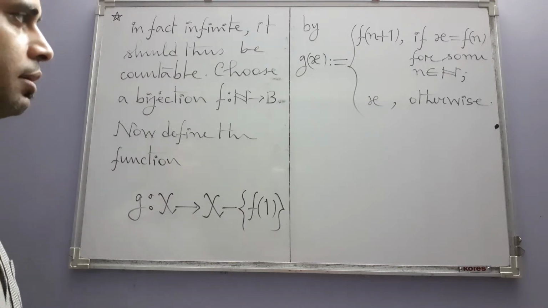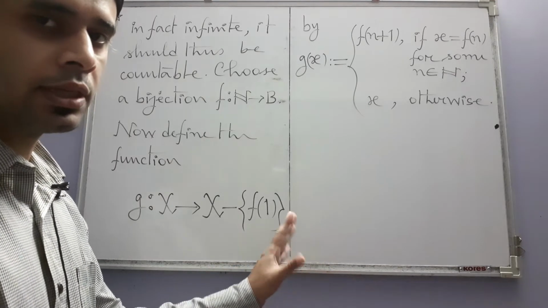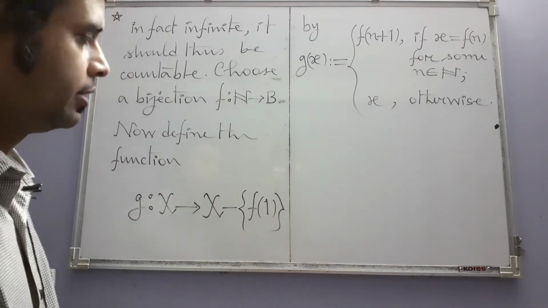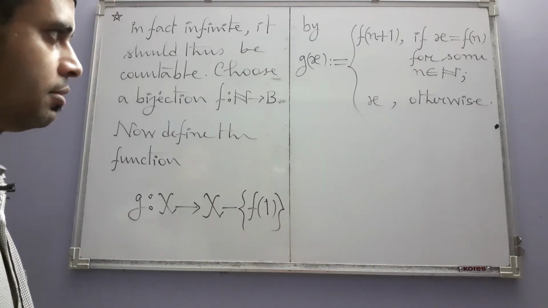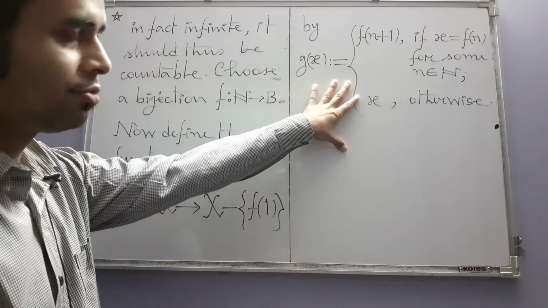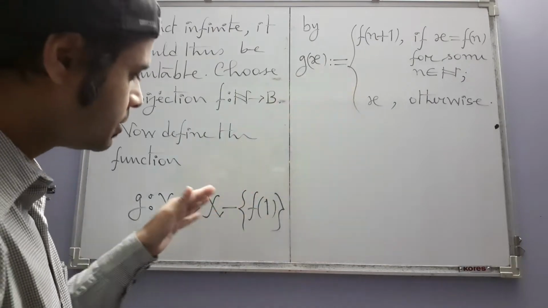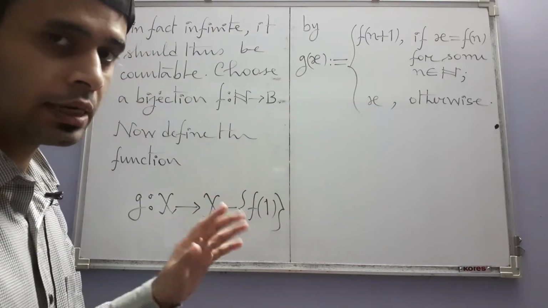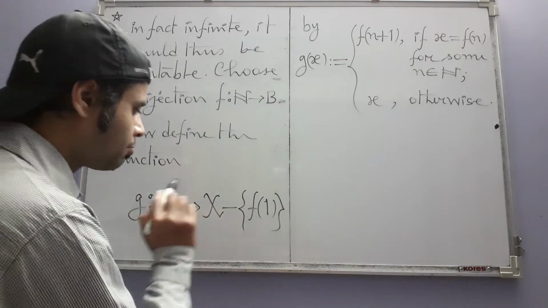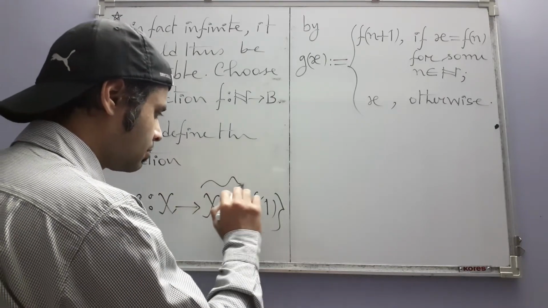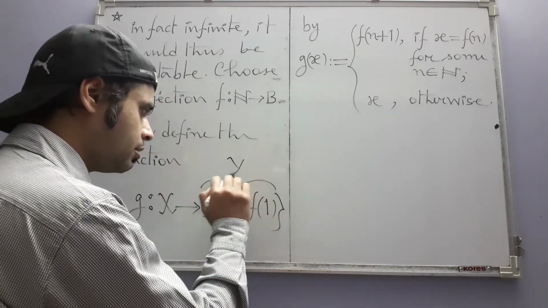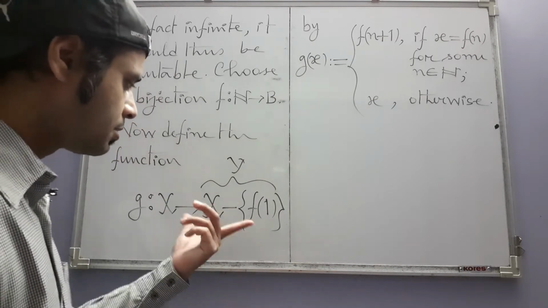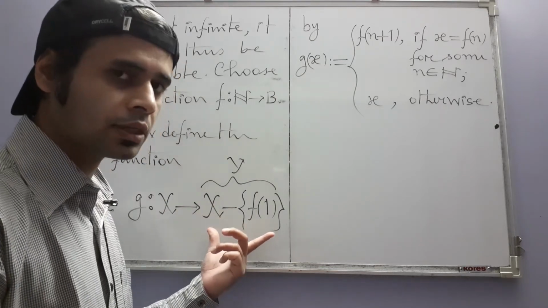Okay, now at first glance all of these things seem extremely complicated. So after defining this, actually this will be that bijection that we are seeking, and the proper subset of X that we want here is this Y. This clearly is a proper subset of X. Why?